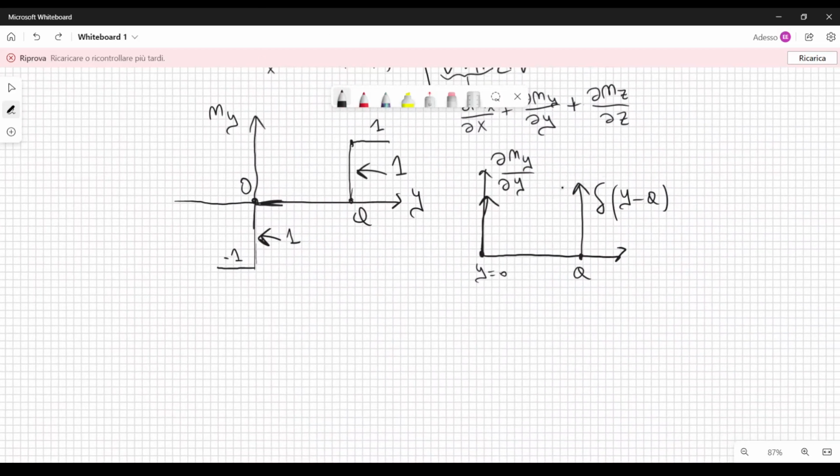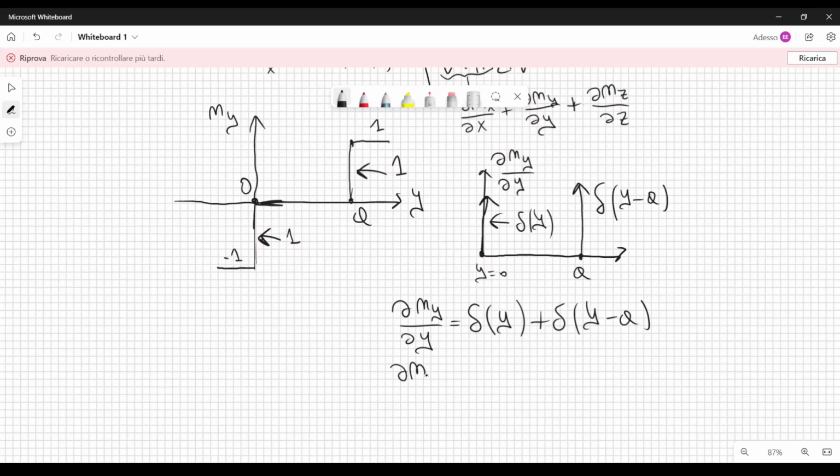Okay, so we have our function dny over dy. It will be the sum of these two Dirac deltas. So dny over dy will be equal to delta of y plus delta of y minus a. And something similar for the derivative of nx with respect to x, it will be delta of x plus delta of x minus a.